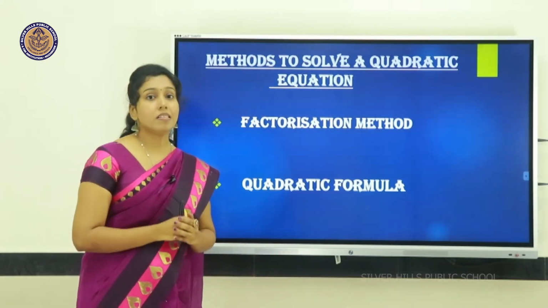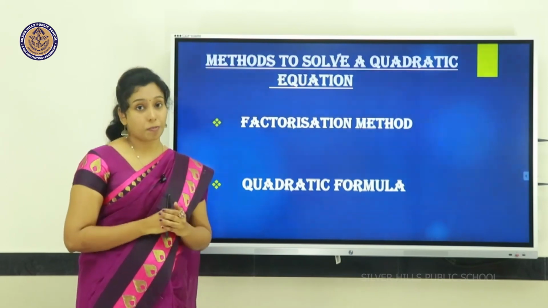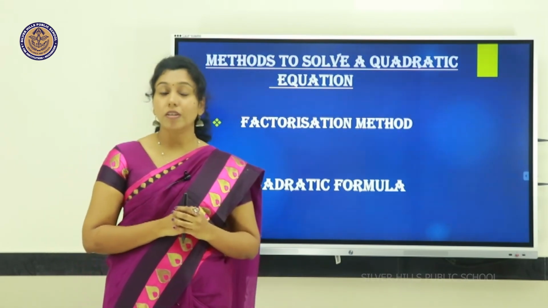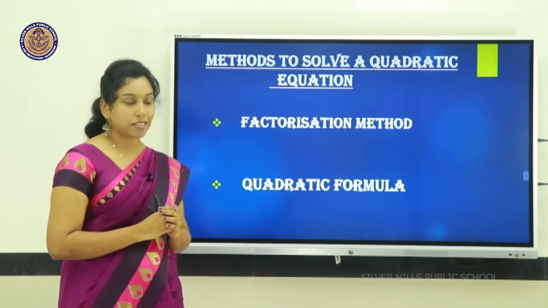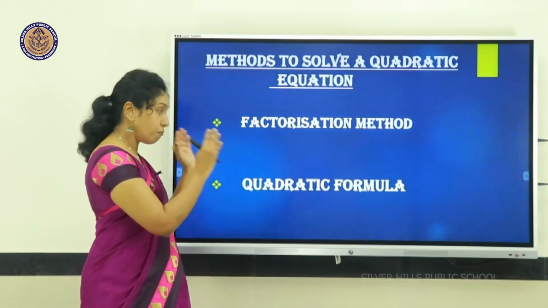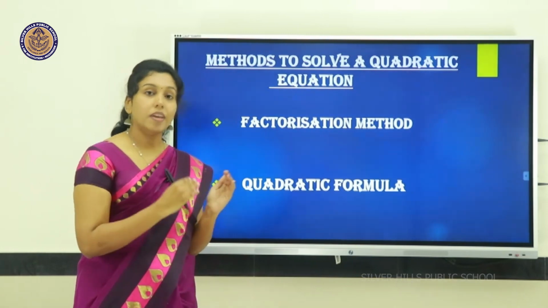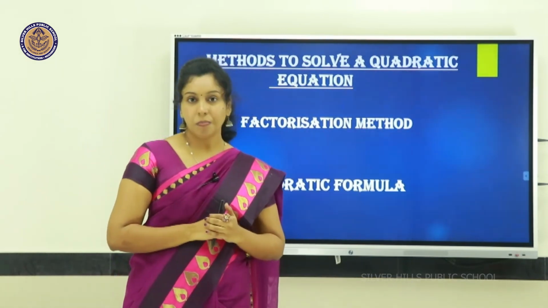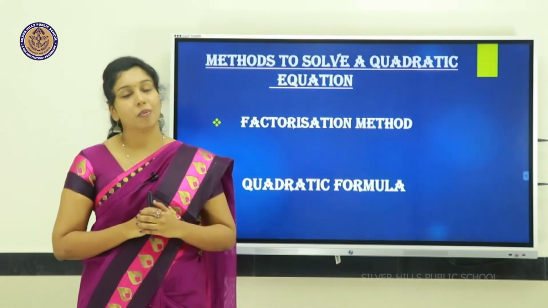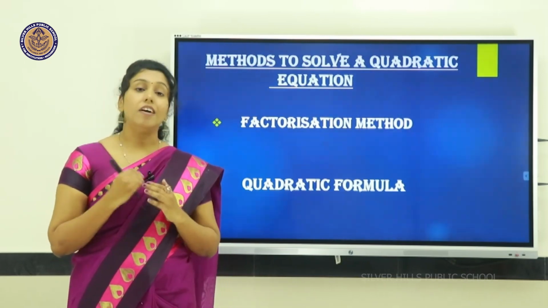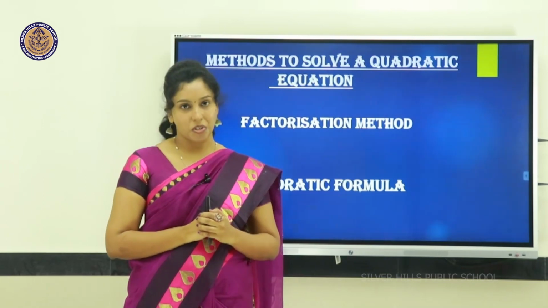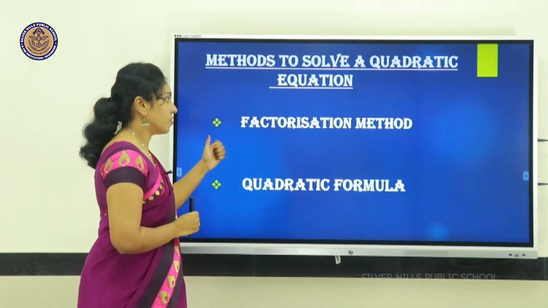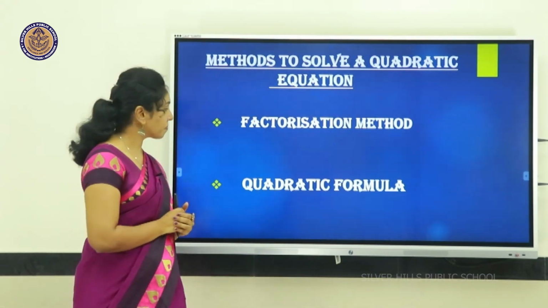We factorized the given quadratic expression using splitting the middle term. After that, once the factors were formed, we equate that to 0, and then we collect the values of x, or in other words, we collect the roots of the quadratic equation. And that was factorization method.